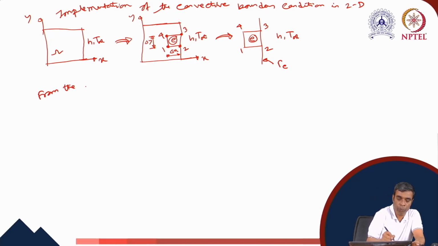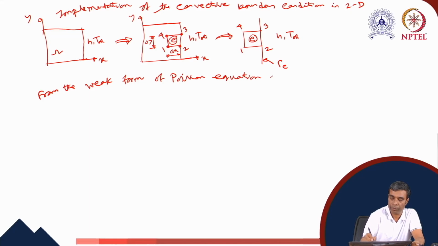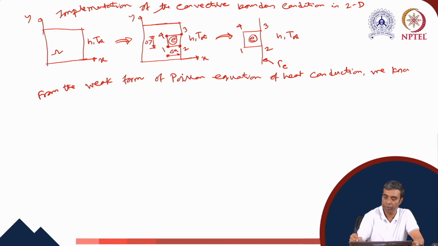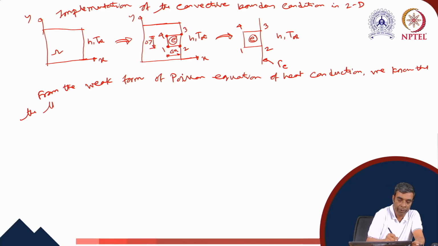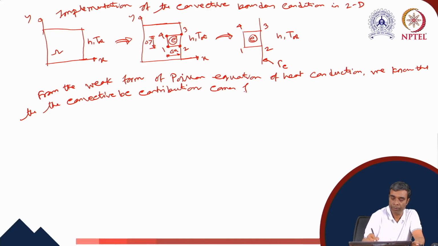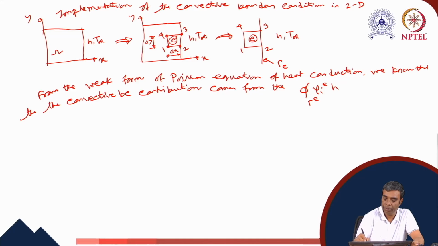From the weak form of the Poisson equation of heat conduction, we know that the convective boundary condition contribution comes from the integration over gamma E of psi I E into h into T infinity minus T d gamma E term.